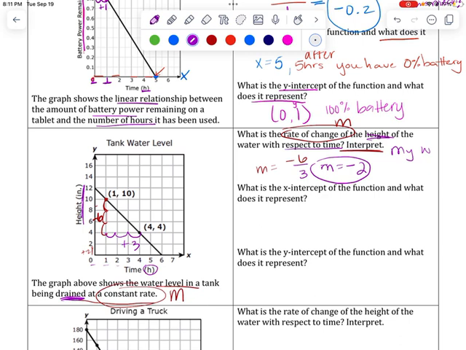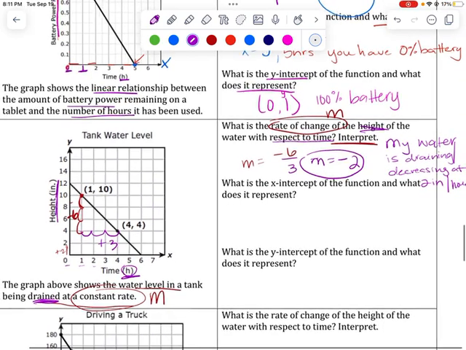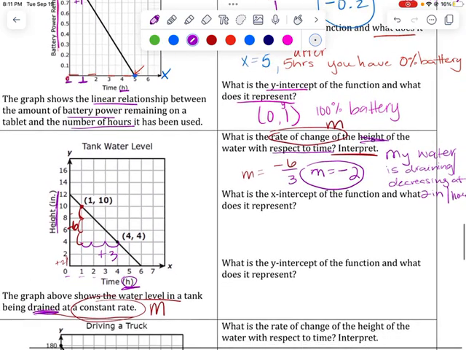My water is draining or decreasing at 2 inches per hour. Height is, my water is draining or decreasing at 2 inches per hour. You could also say the height of the water.